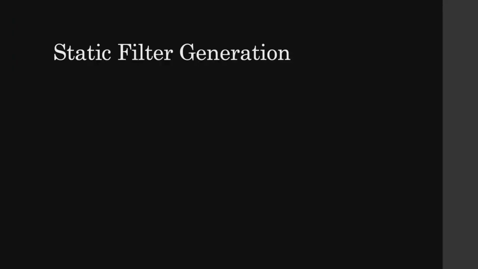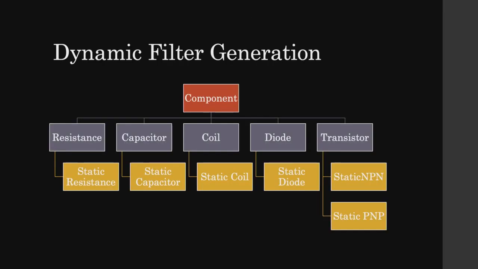And that's what I did after. So that's the static filter generation, reusing all the different subcomponents that I had here. So instead of creating an API based on these components, I just reused these elements.